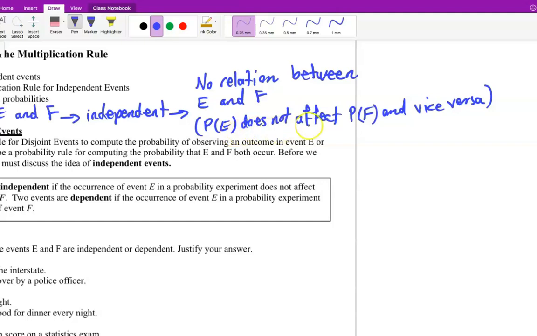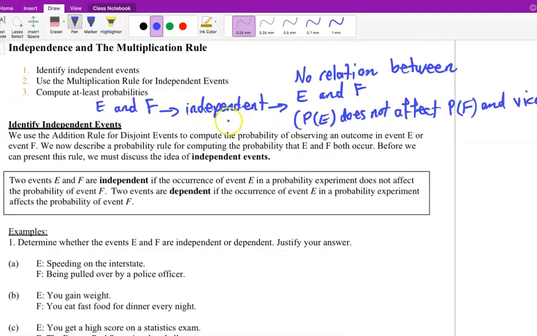So probability of E doesn't affect probability of F, and also probability of F doesn't affect probability of E, when there is no relation between these two events.